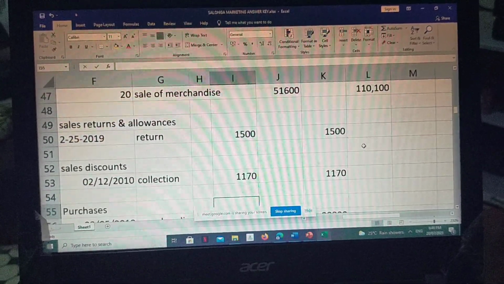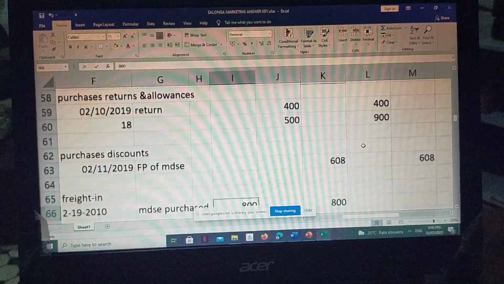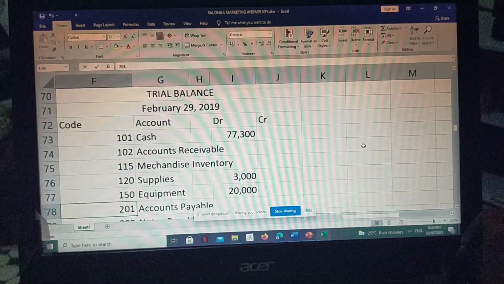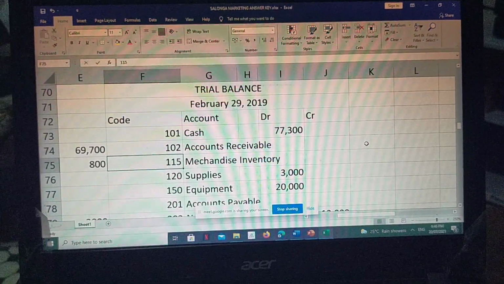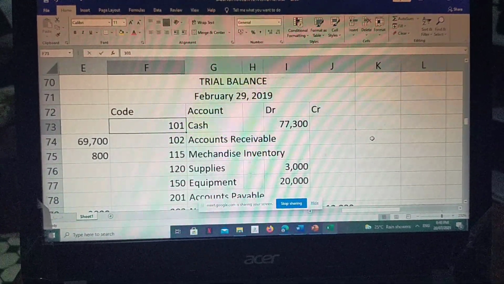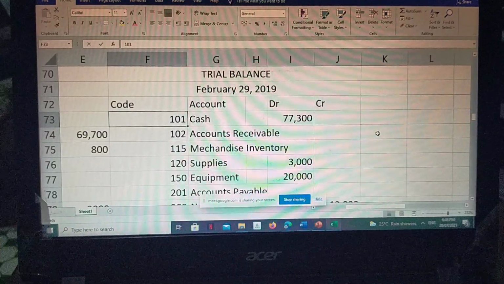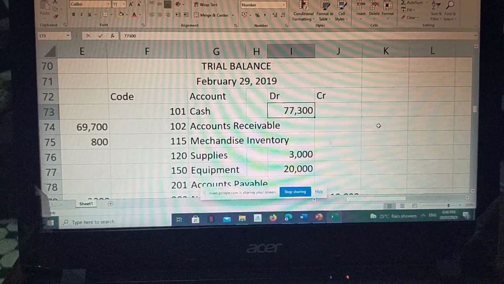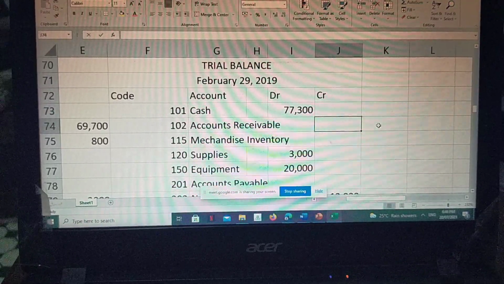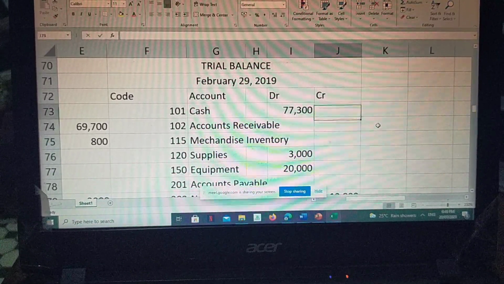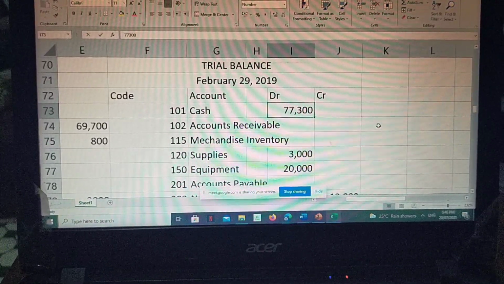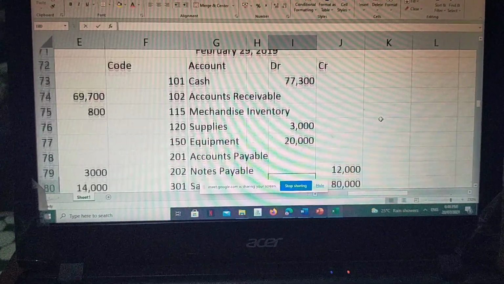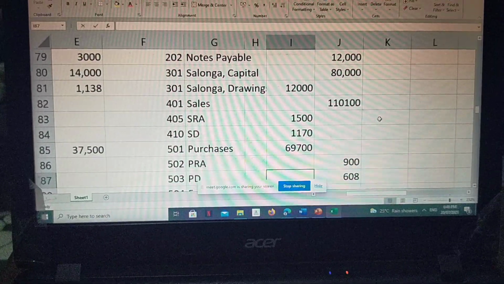So, therefore, we move to the next, which is the trial balance. Okay? So, we simply transfer all of those balances from the general ledger to this form, debits and credits.